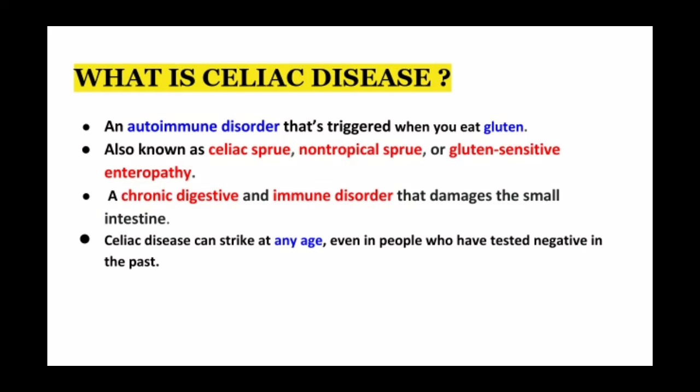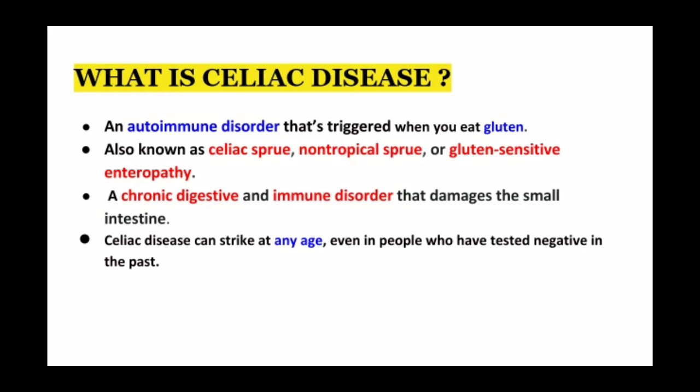It damages our small intestine and it can strike at any age, meaning it is not limited to a certain age group, and even in people who have tested negative for this disease. This disease is also known as celiac sprue, non-tropical sprue, or gluten sensitive enteropathy.